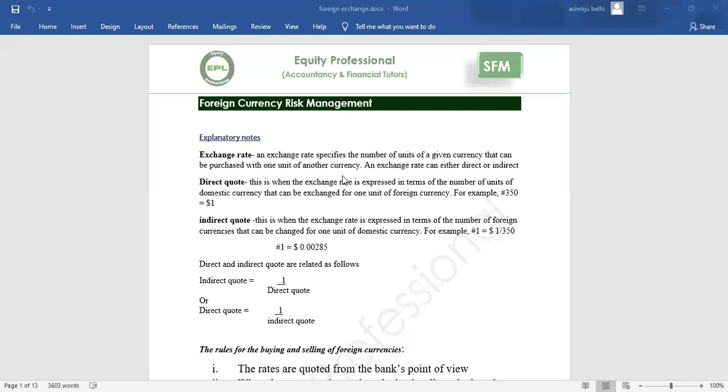We shall be introducing or explaining the new topic, and that is the final topic, foreign currency risk management.